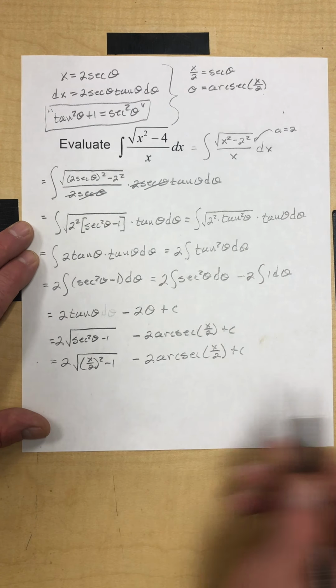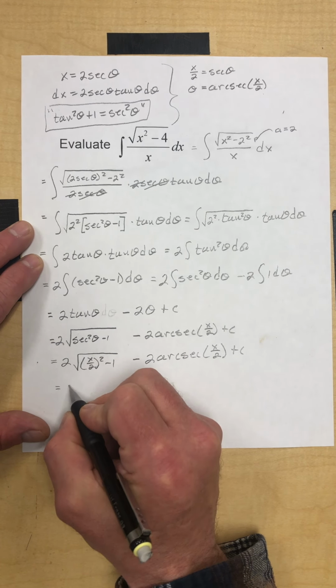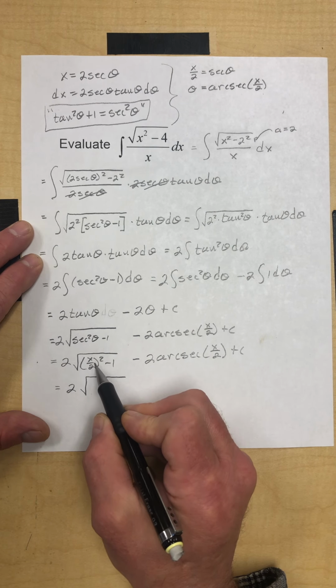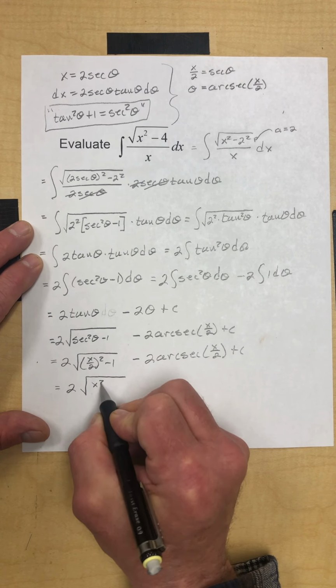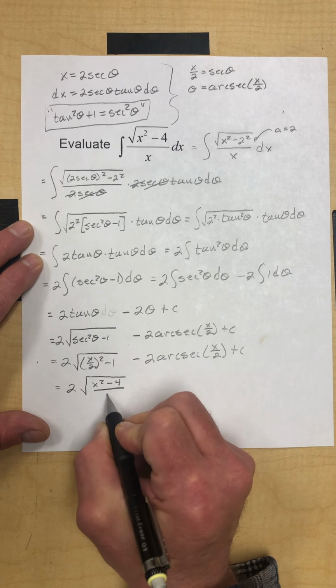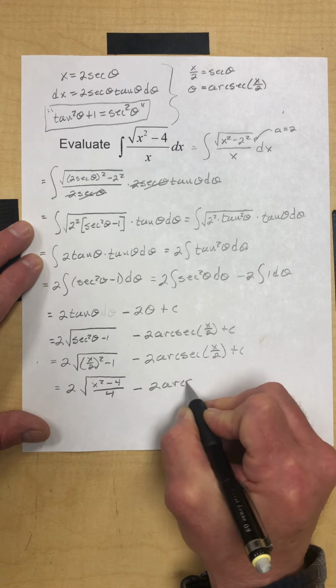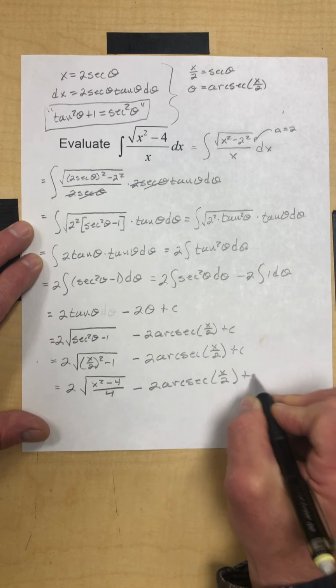So now it's just a matter of simplifying that. Okay, so let's see what we got going on. Square root of, well, this would be x squared over 4. So I'm going to get x squared minus 4 all over 4, 2 arc secant of x over 2 plus c.